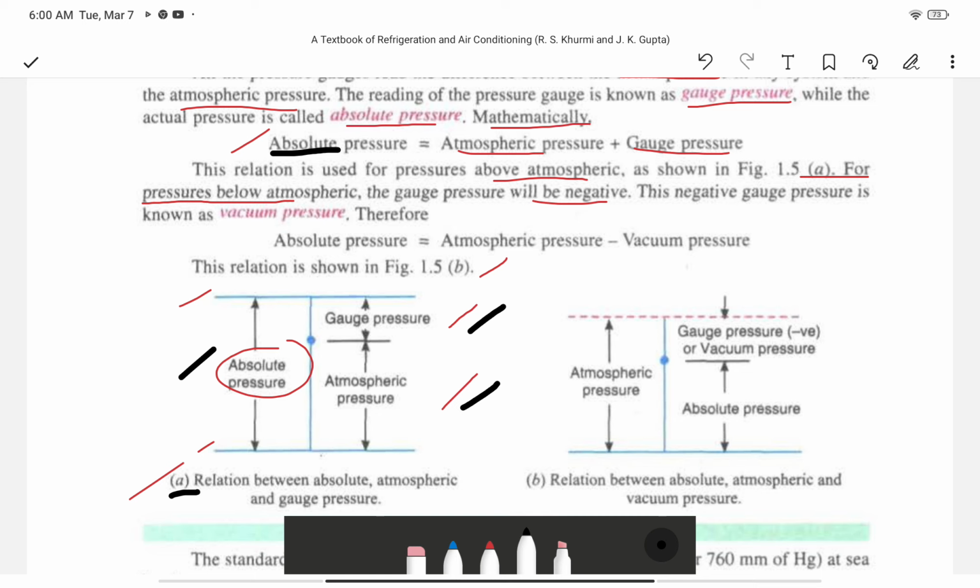Here the negative gauge pressure is known as vacuum pressure. This relation is used for pressure above atmospheric as shown in figure 1.5a. For a pressure below atmospheric, the gauge pressure will be negative.